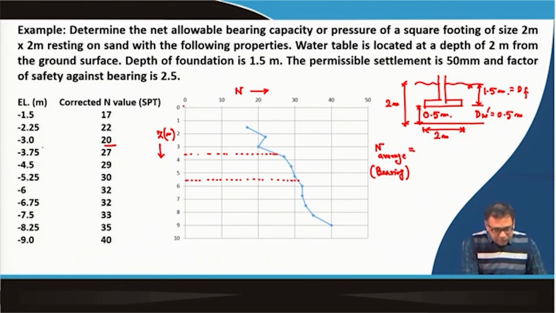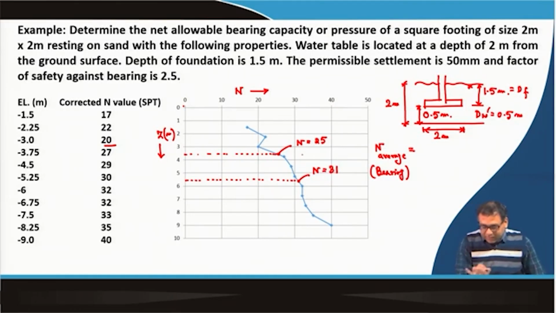Corresponding to 3.5 meter, the N value is around 25. This is 20, this is 30, so this will be 25. And corresponding to 5.5 meter, the N value is equal to 31. This is 30, 40, around 31.